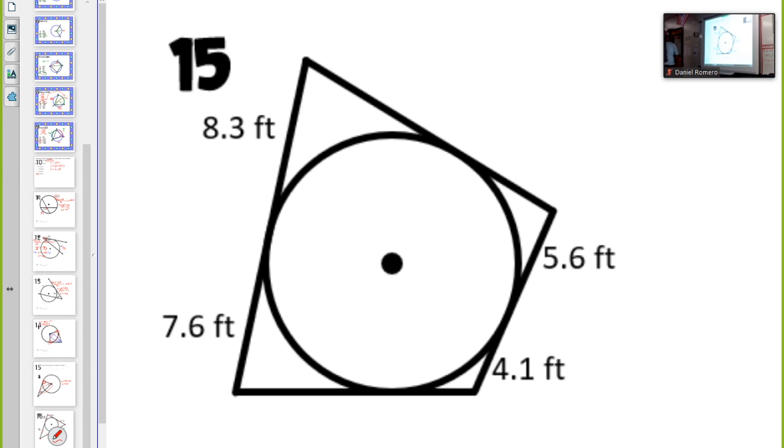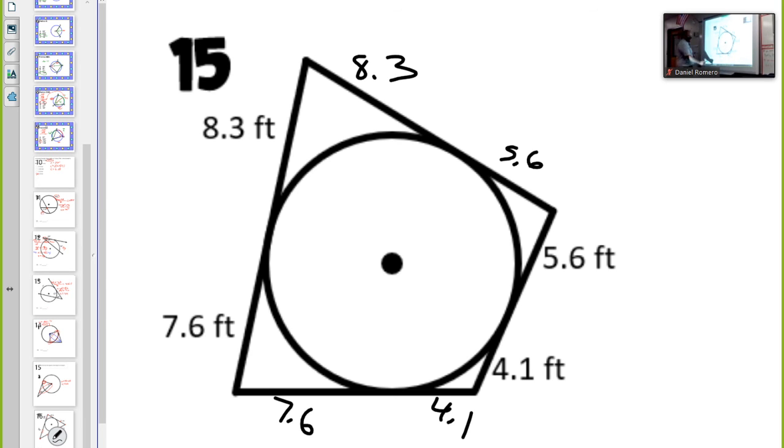All right, Sam got 45.6. Let's see if Sam is right. The distance from each point on the outside to the point of tangency is congruent, so 8.3, 8.3, 5.6, 5.6, 4.1, 4.1, 7.6, 7.6.